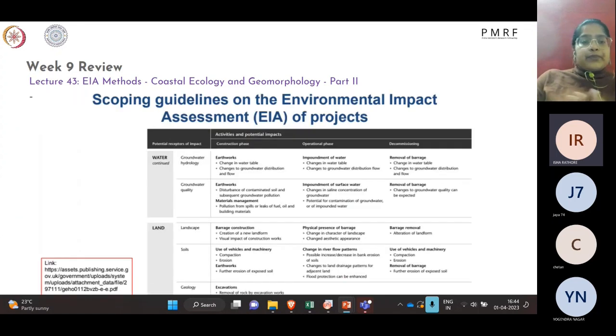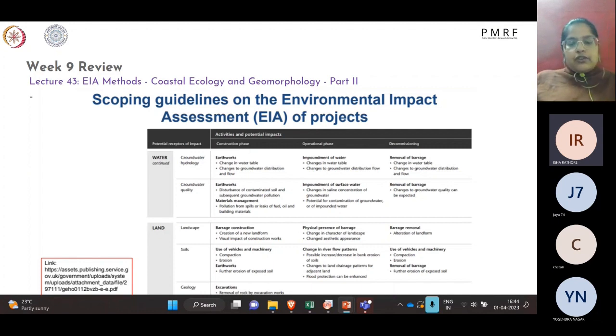So these are again impacts which you can consider based on the source and type of the action which the project is causing. And then you have certain scoping guidelines for the environmental impact projects, especially relating to coastal ecology and geomorphology. So for example, for water, you have groundwater hydrology, and you have different phases of these construction activities, and you can see what sort of impacts and effects are coming up because of a particular activity happening at the different stages of the project.